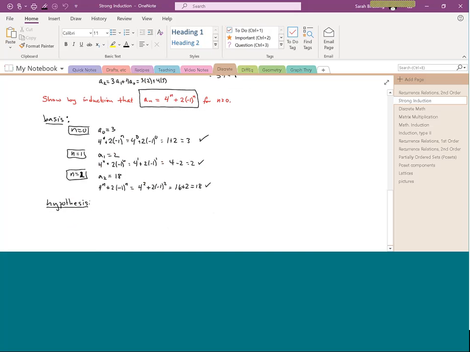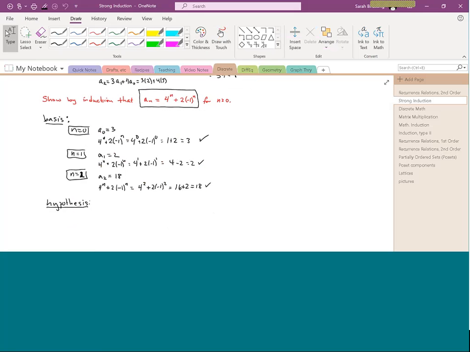So we are going to assume, and I'll list them down in a column, just because that's easier for most people to see, that when n equals k, so the kth term equals 4 raised to the k plus 2 times negative 1 raised to the k. And we're going to assume that all the previous terms have the same formula.